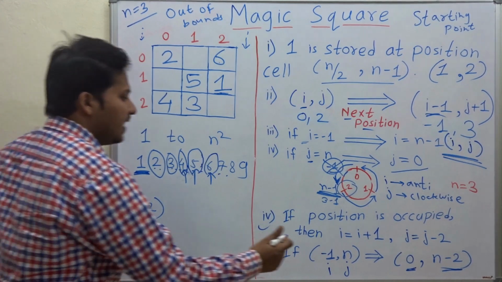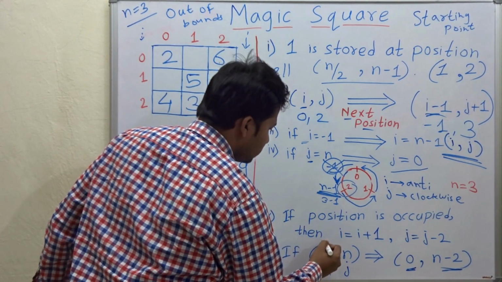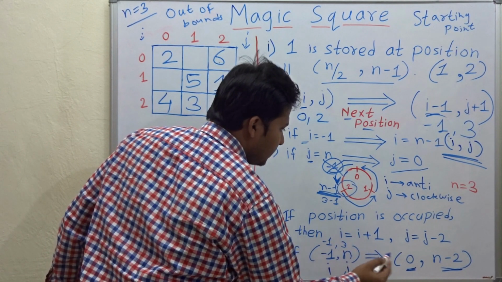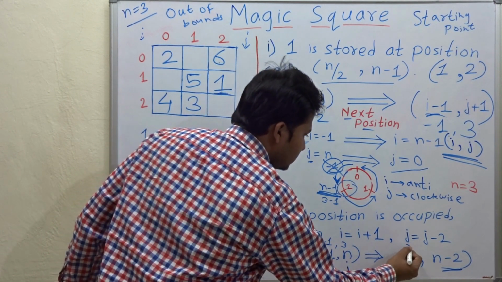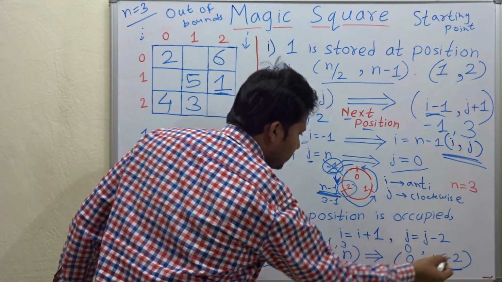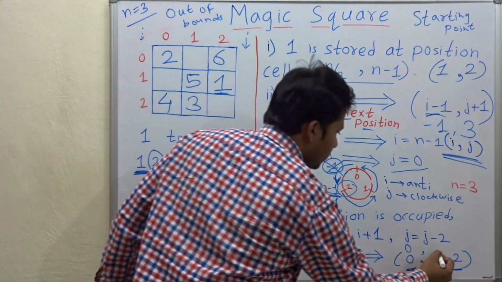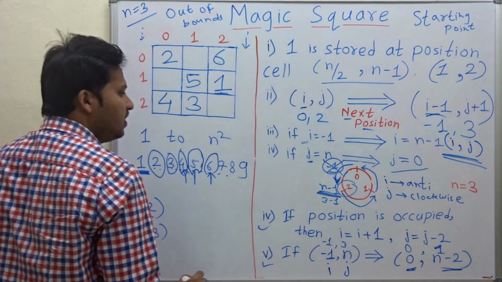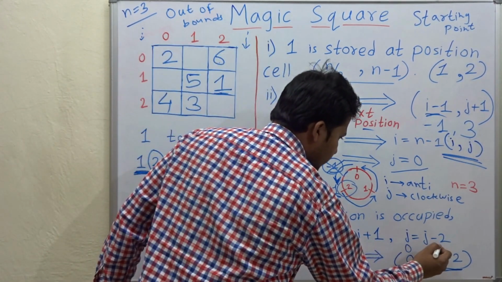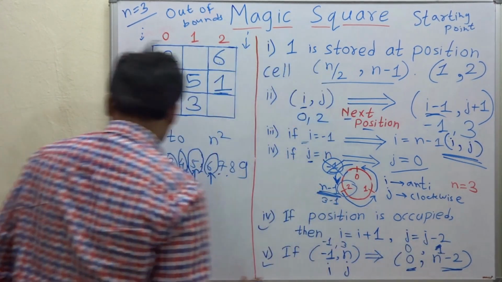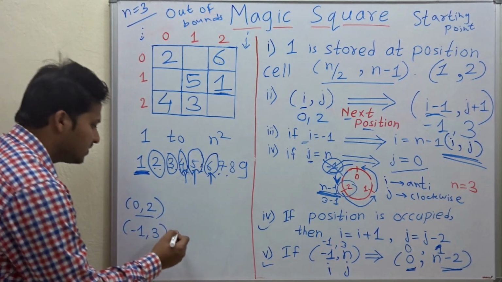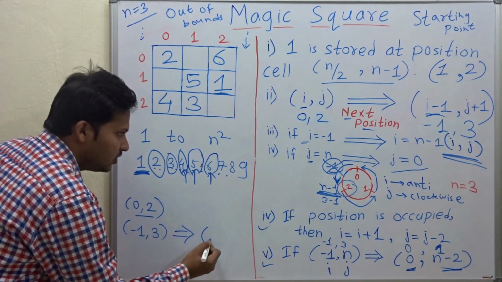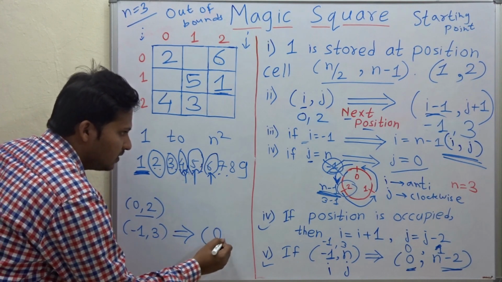See, as the value is minus 1 comma 3, so in this case it will become 0 comma n minus 2, means 3 minus 2, that is 1. So the next position will be 0 comma 1. Okay, so the minus 1 comma 3 will be converted into 0 comma 1.